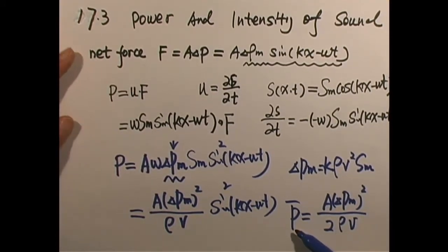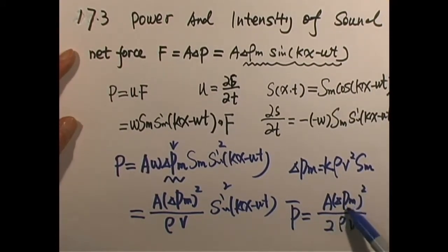The average power is proportional to delta P_m squared. On the other hand, delta P_m is proportional to s_m. Therefore, our conclusion is that the average power depends on the displacement squared. So we say that it is proportional to the amplitude of the sound wave squared.